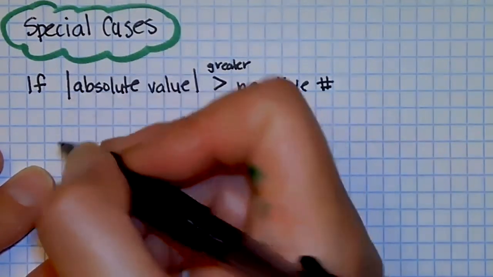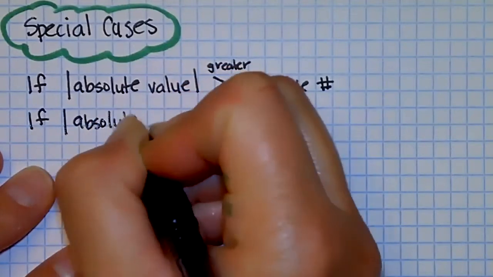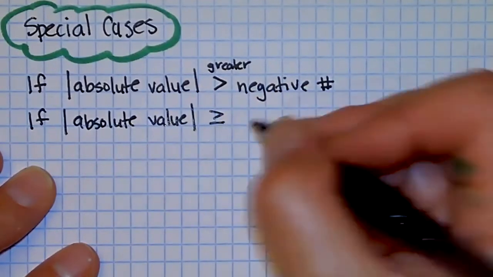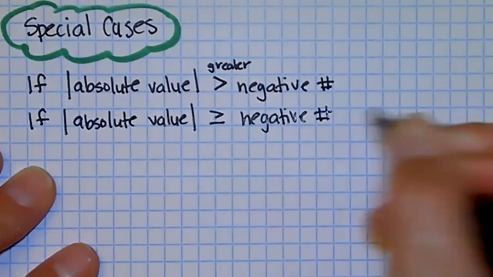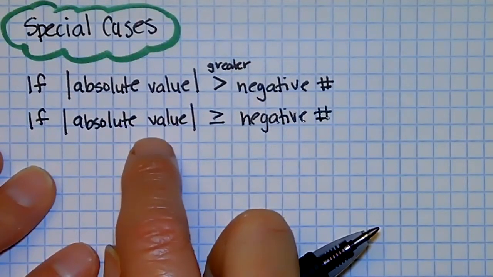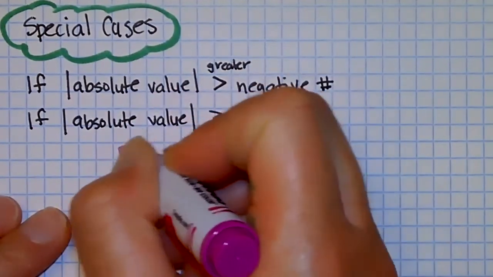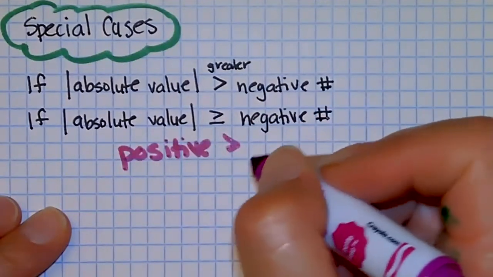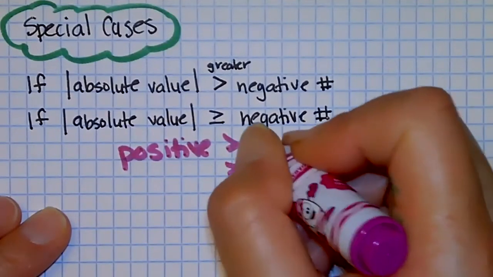Now, also with this, if the absolute value is greater than or equal to a negative, that would be a similar situation. So again, your absolute value is always going to be a positive, okay? So what this is really saying here is this is going to be a positive greater than or equal to, depending on the case, a negative.